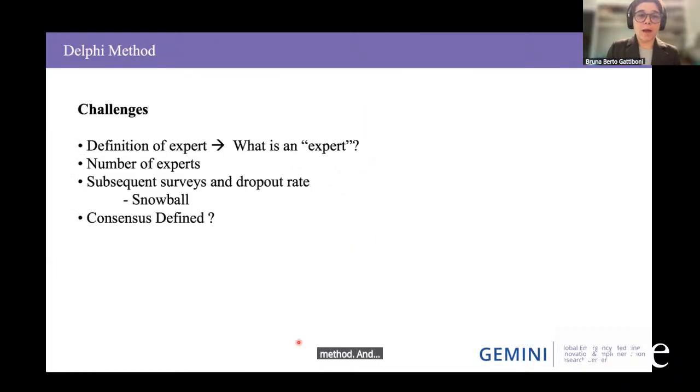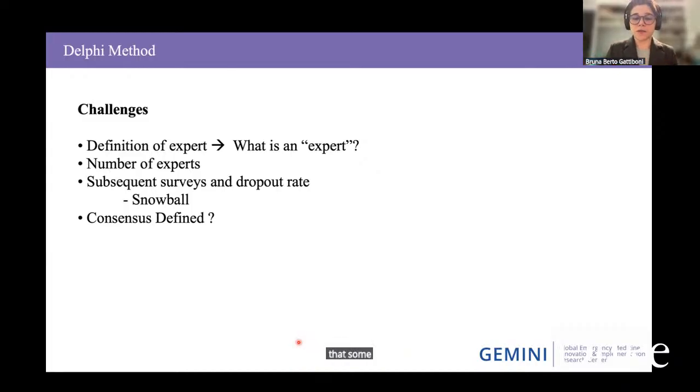And what are the challenges in this so heterogeneous method? Well, the first one is defining what an expert is. Some research uses the diploma of the specialist.